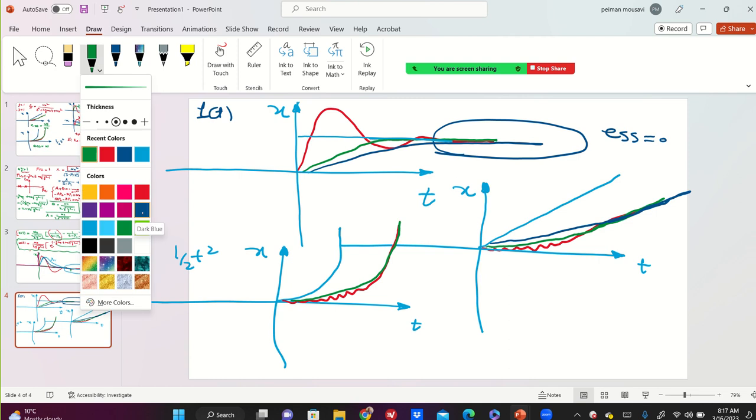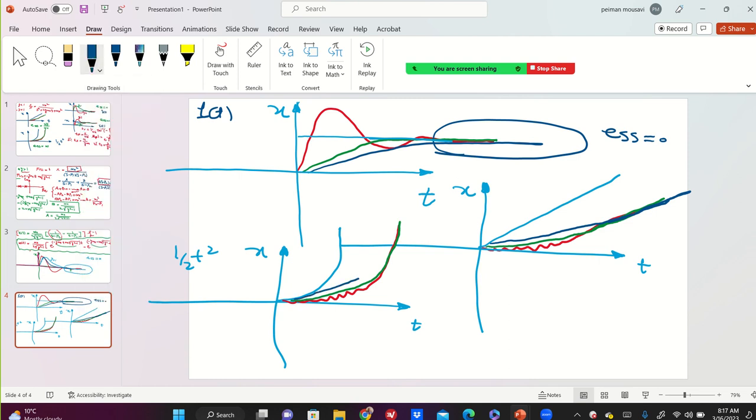And you have a slow response here for overdamped. No oscillation, okay? This is just my hand oscillation. And in all the cases here you see ESS is going to be 2 zeta over omega n, and the ESS is going to be infinity when time goes to infinity. Understood?